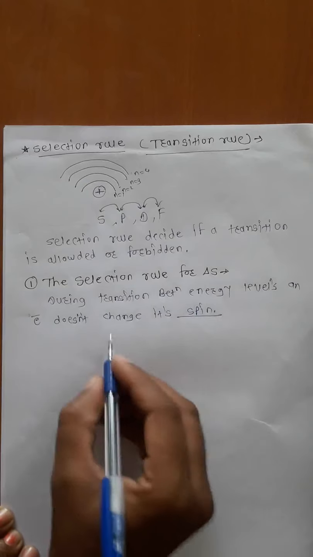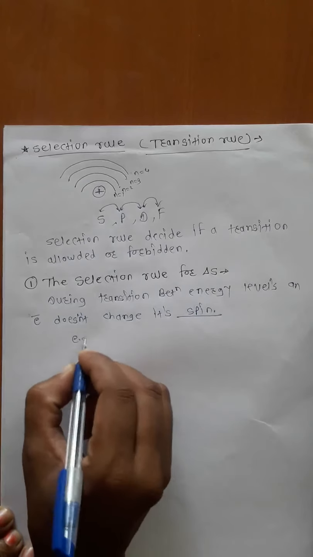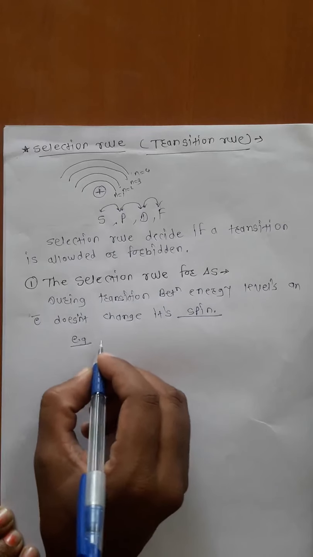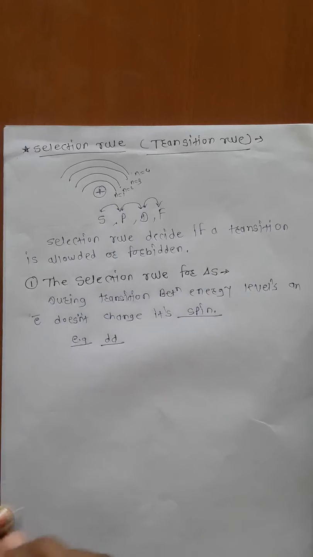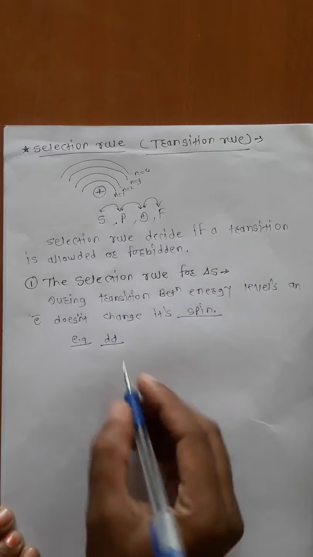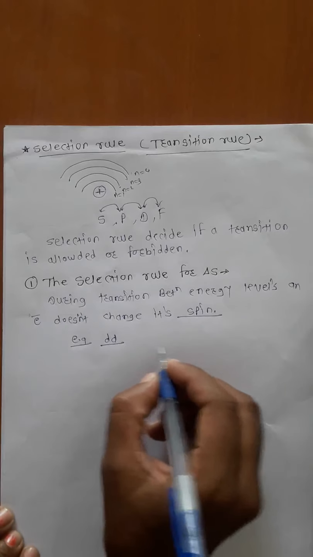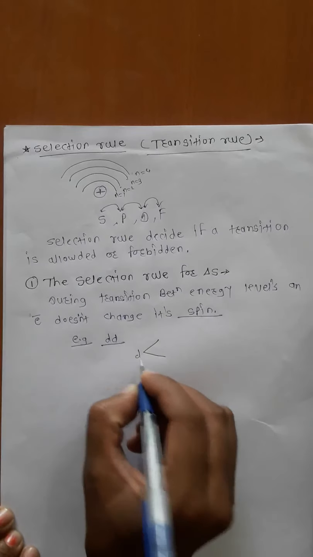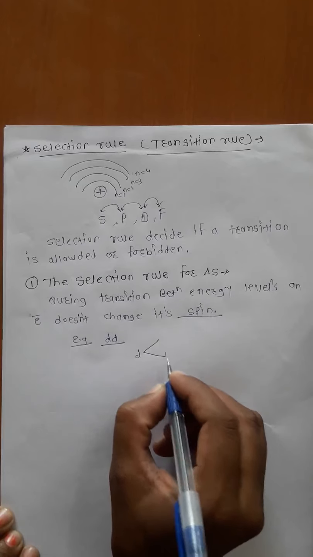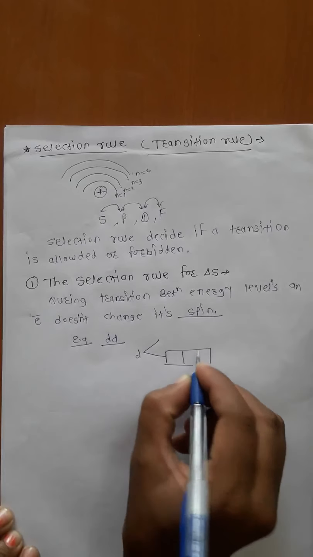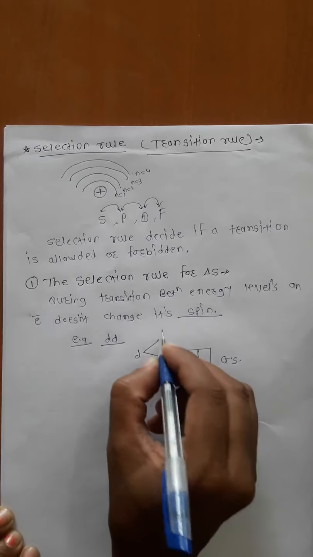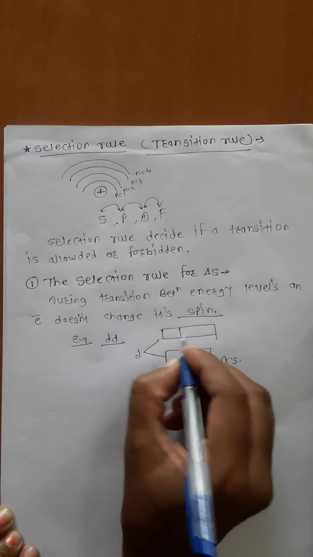Suppose we take as an example the D to D transition. In a D transition, this is the ground state energy level and this one is the excited state.